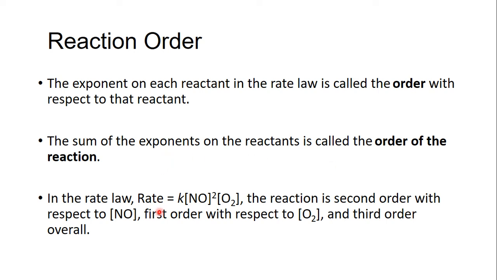For example, if we have a rate law where rate is K, NO raised to the power of 2, O2 raised to the power of 1, remember, we don't actually write the 1. If there's a 1 there, it will just be blank. We say this reaction is second order in relation to NO, first order in relation to O2, but overall it is third order because it is 2 plus 1. So this is a third order reaction rate.